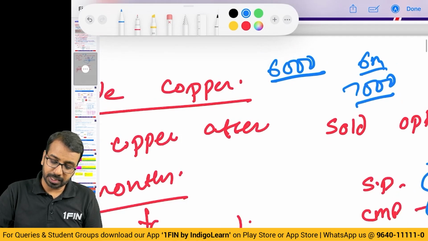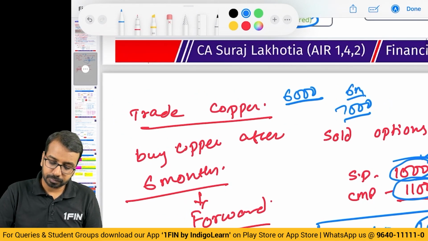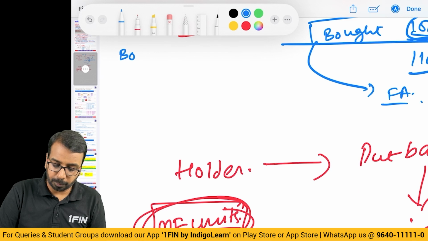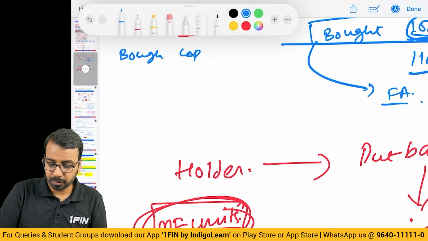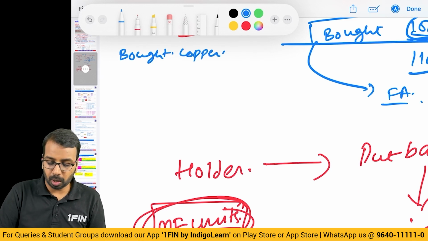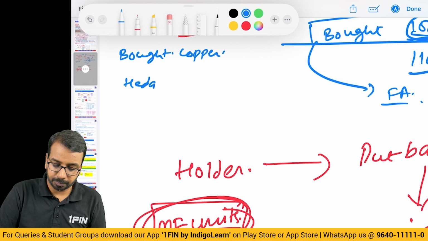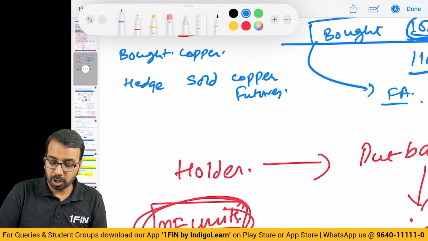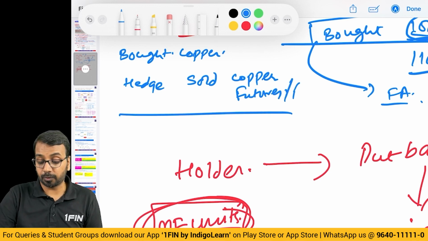Typically, what happens is, let us say, another example, if I have bought copper, and to hedge, I have sold copper futures. Here also it is for own use only, or I have sold copper forward.